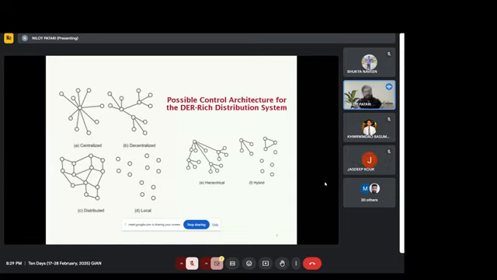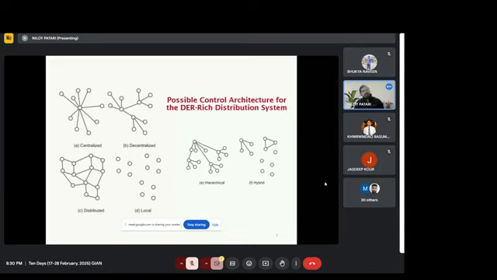So they form 3 clusters, and each agent is responsible to do every kind of computation for its own nodes.